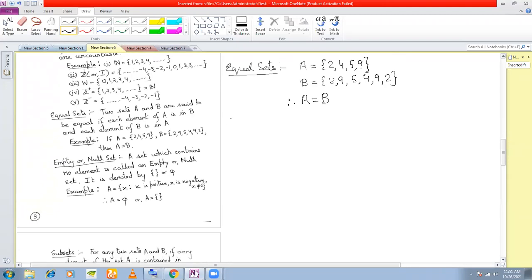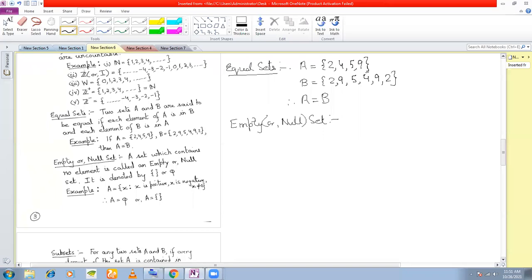Next we come to the definition of empty sets or null sets. What is an empty or a null set? A set which contains no element at all is called an empty or a null set.